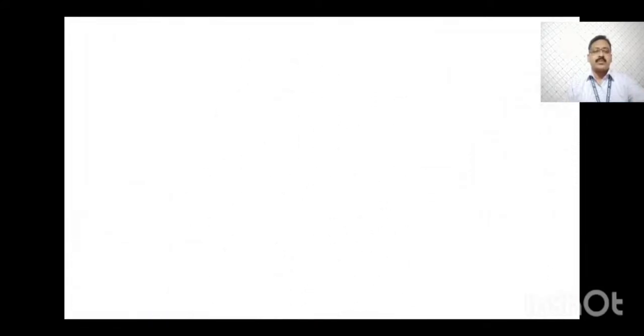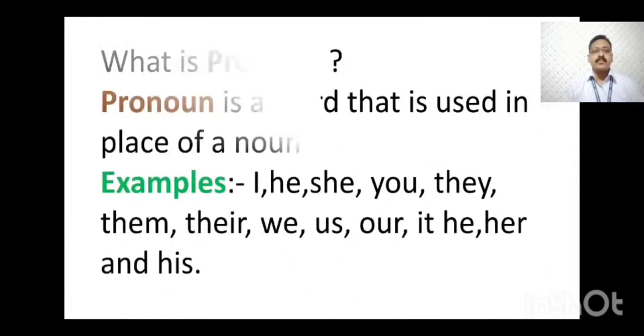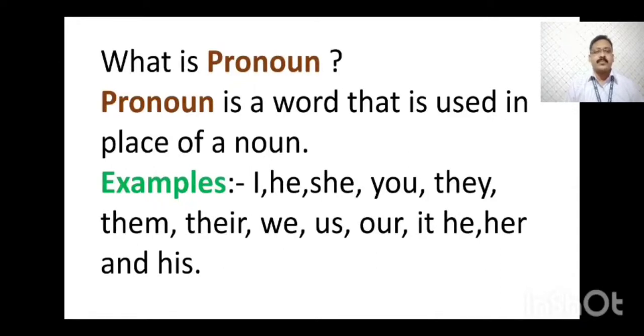First we will know what is a pronoun. A pronoun is a word that is used in place of a noun. It means the word which we use instead of a noun is called a pronoun. If we use a noun every time we want to say something about it, we don't repeat that noun in every sentence.